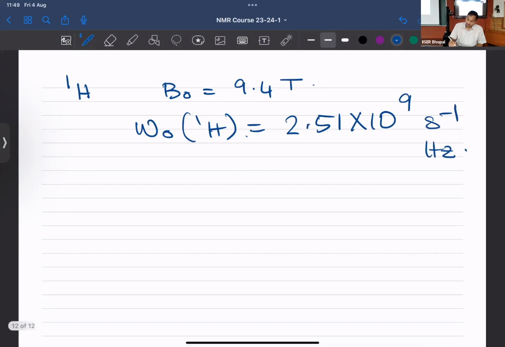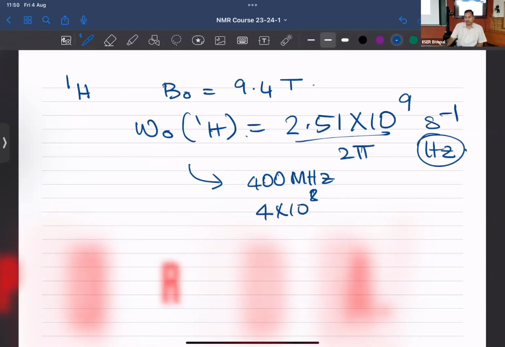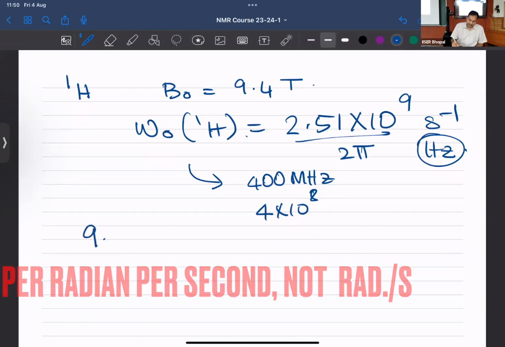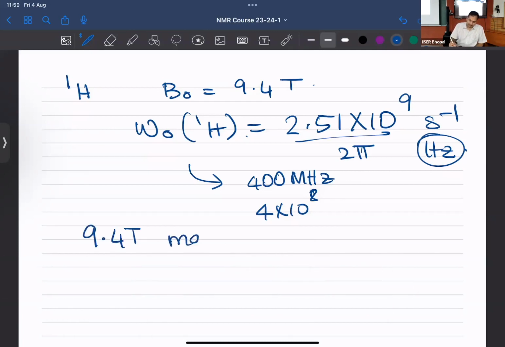You would have to divide it by 2 pi. So you still have to divide it by 2 pi to get the frequency. So basically a 9.4 Tesla magnet results in a 400 megahertz proton Larmor precession frequency.